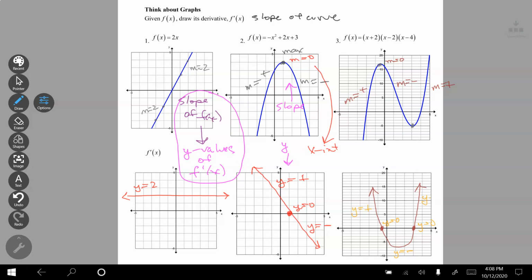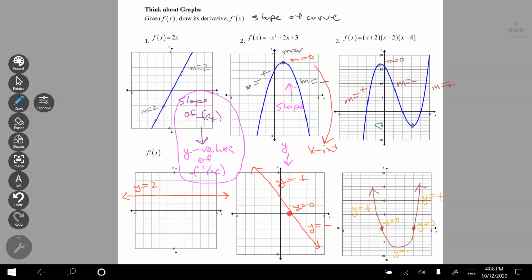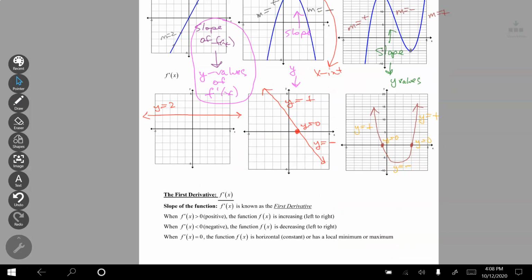And then we have at the very end positive y's because something really stands out. The slope on this graph becomes the y values on this graph. And that's the way it works. So this is how we're going to be able to look at graphs and figure out what the derivative graph should look like.